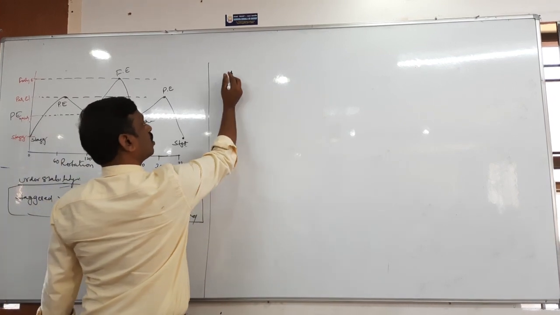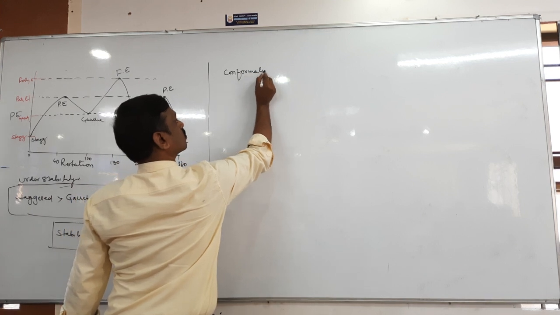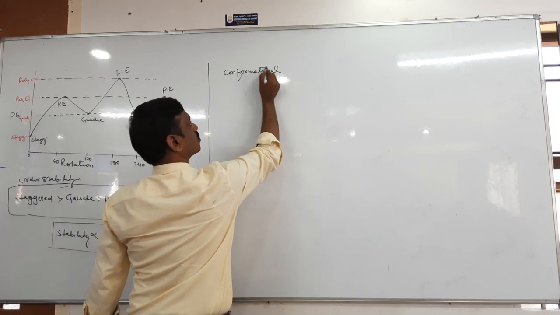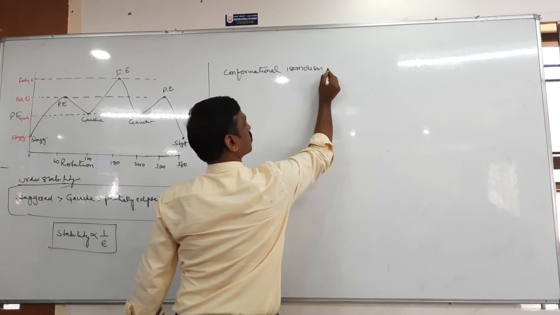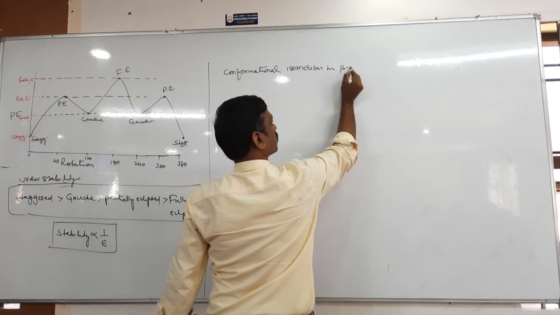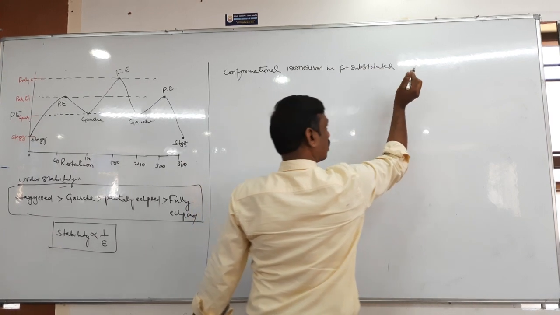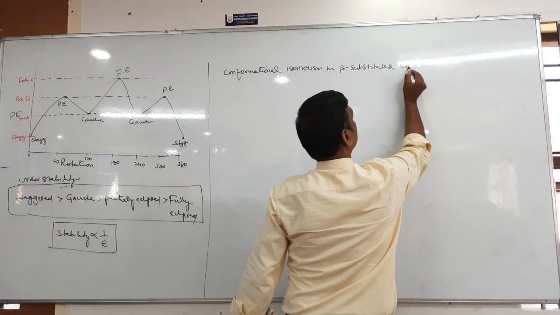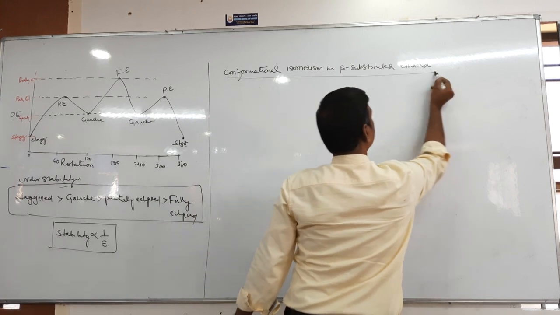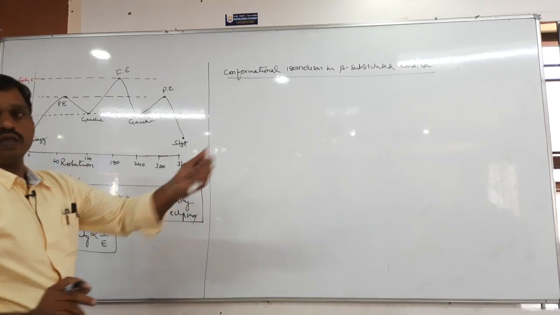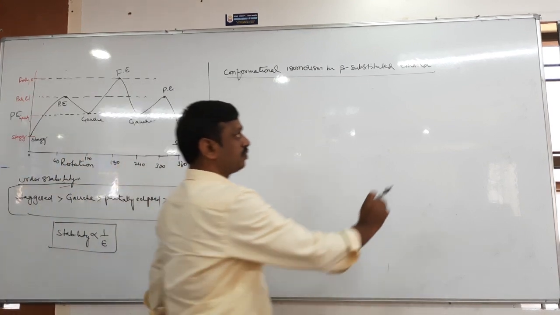Next is conformational isomerism in beta substituted ethanol.